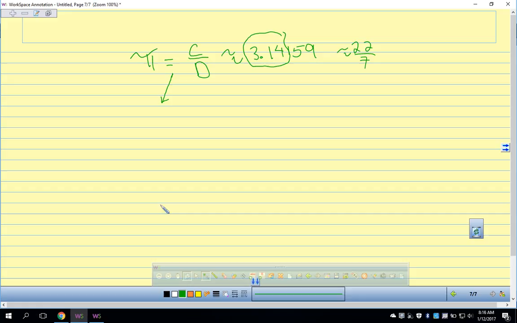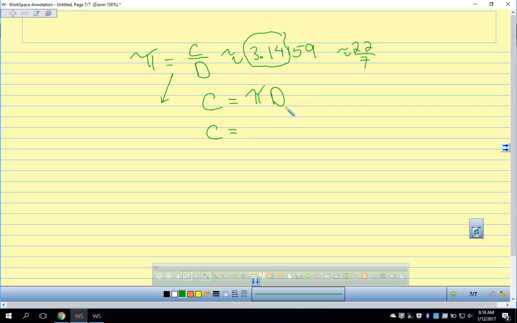Okay? Another way to write this, if I multiply through by d, is that the circumference is equal to pi times diameter. Have you seen that before? Who can tell me another way to find the circumference? What's another formula for circumference? 2 pi r, okay?